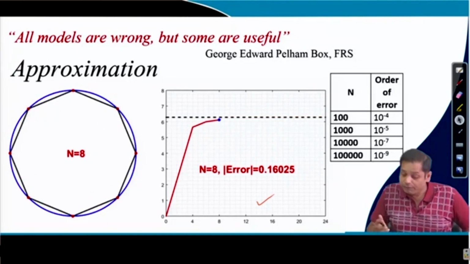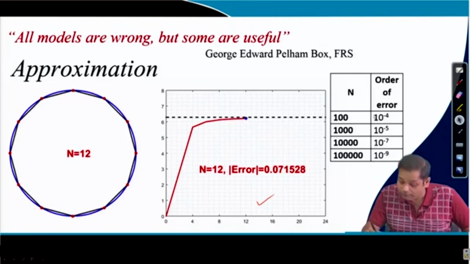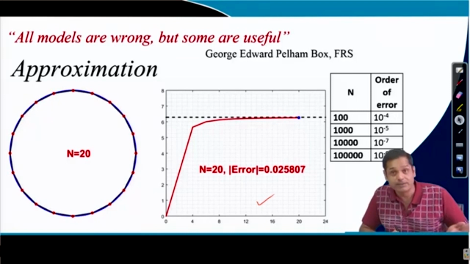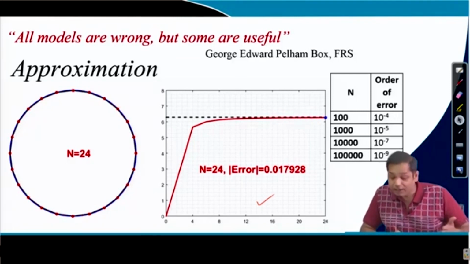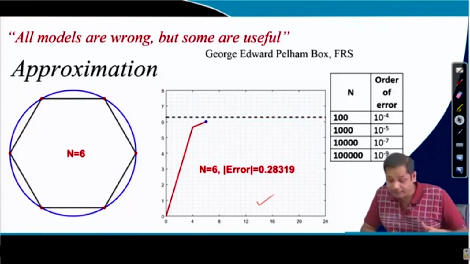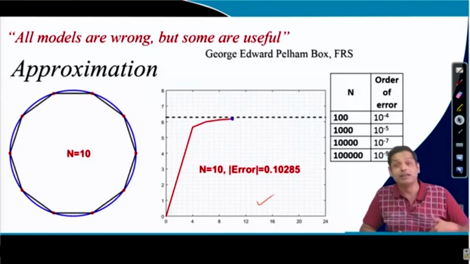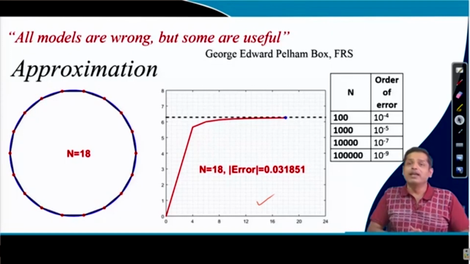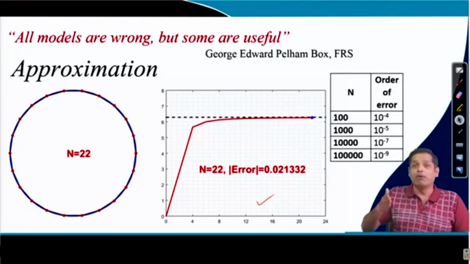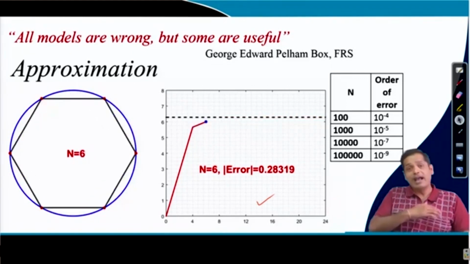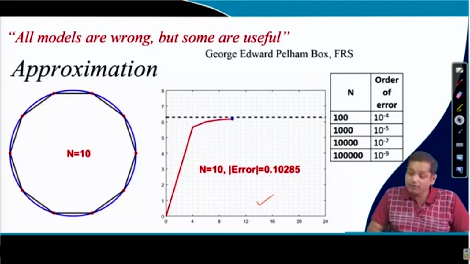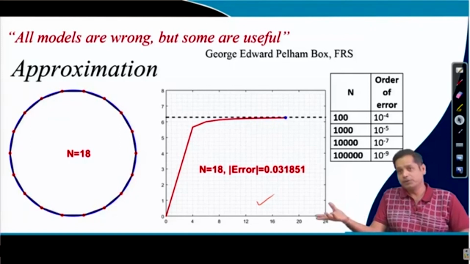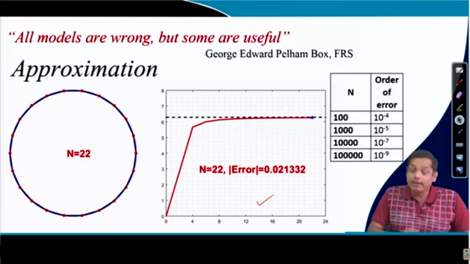Now if you take n is equal to 100, your error will be of 10 to the minus 4 order, for 1000 the error is 10 to the minus 5 order, 10,000 minus 7 order, then 100,000 it will be 10 to the minus 9 order. And if you keep on increasing the number of segments, your error will be less. And in the limit case, when the number of segments is infinite, you will get the error almost 0, or 0 in the limit case.